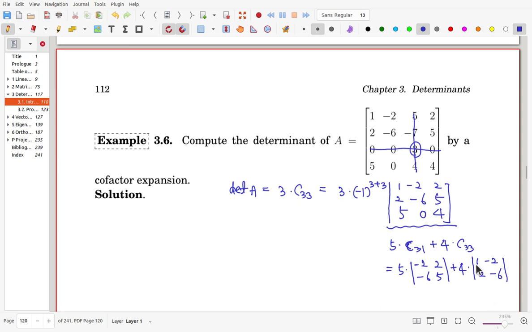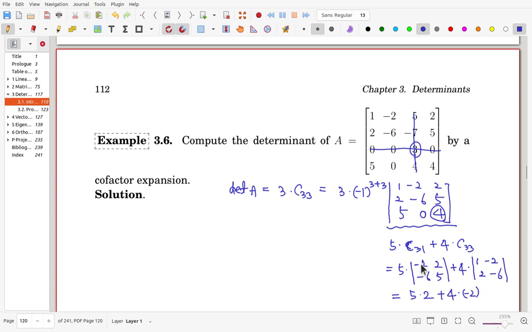For this entry, we eliminate the row and column, and the remaining part is this one.